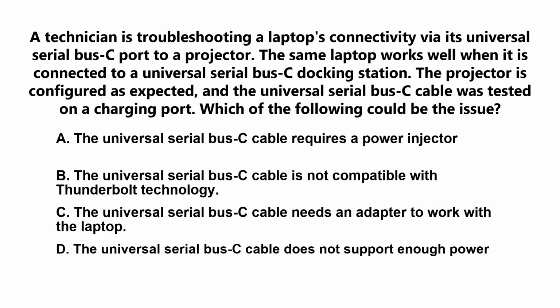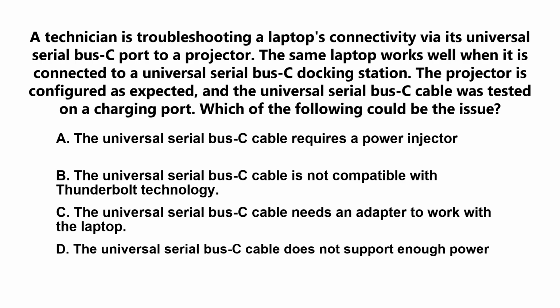Question 63. A technician is troubleshooting a laptop's connectivity via its universal serial bus C port to a projector. The same laptop works well when it is connected to a universal serial bus C docking station. The projector is configured as expected, and the universal serial bus C cable was tested on a charging port. Which of the following could be the issue? Option A, the universal serial bus C cable requires a power injector.